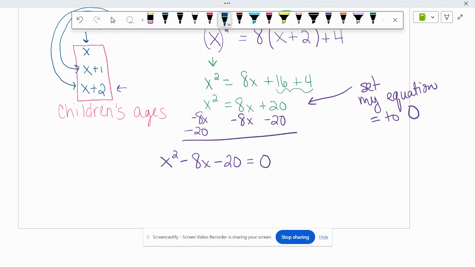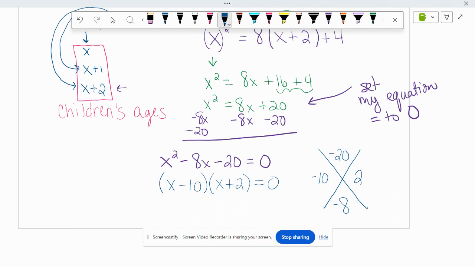And now I can solve this by factoring. I'm looking for 2 numbers that multiply to negative 20 and add to negative 8. Well, I think that's going to be negative 10 and positive 2. So that means that my factors are x minus 10 and x plus 2.